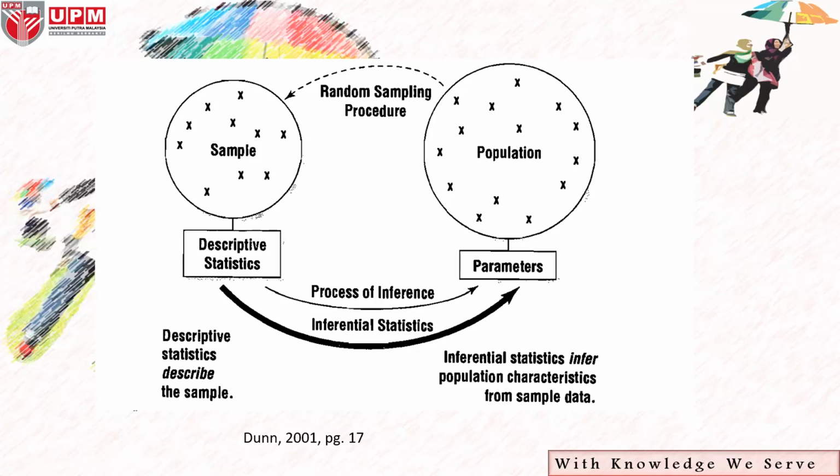Kena faham betul-betul. Ada beza study yang melibatkan populasi dan study yang melibatkan sampel sahaja. If you remember last week when I shared about the design, okay, there is one design. The specific name for one design that involve the whole population, which is census. Nama dia census. Itu je nama dia. Kalau kajian yang melibatkan keseluruhan populasi, nama dia census.